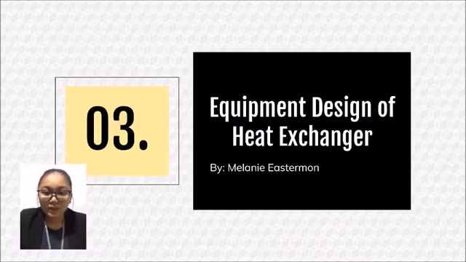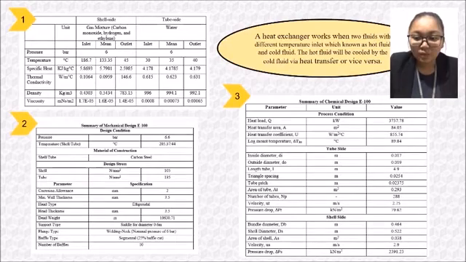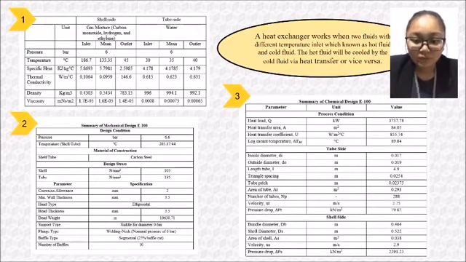Next, the equipment design of heat exchanger. A heat exchanger works when two fluids of different temperature enter, which are known as the hot and cold fluid. The hot will be cooled by the cold fluid via heat transfer or vice versa. In the first diagram is the physical properties of the shell side and tube side.